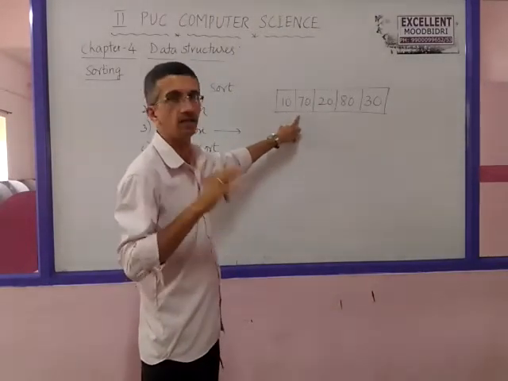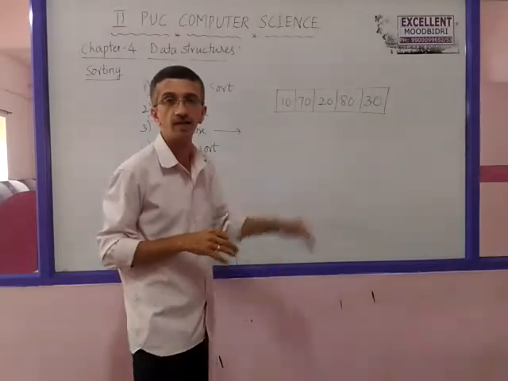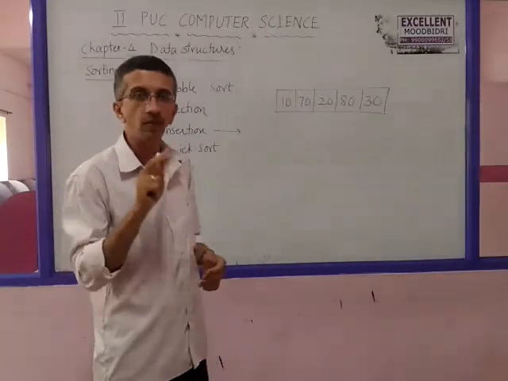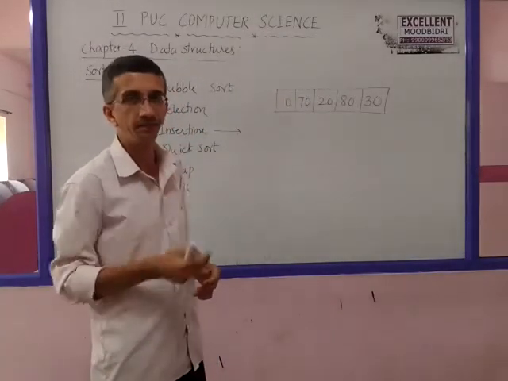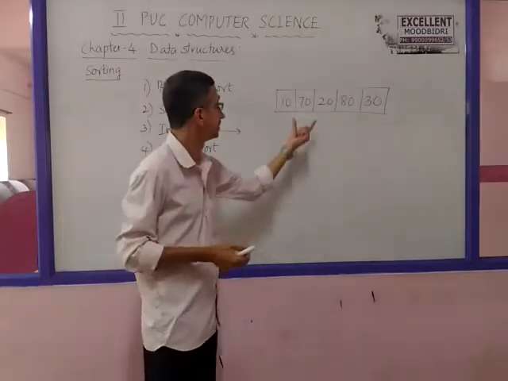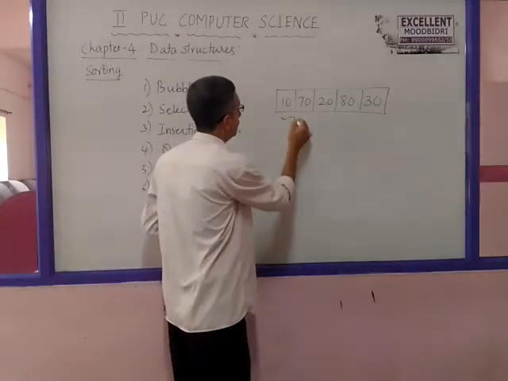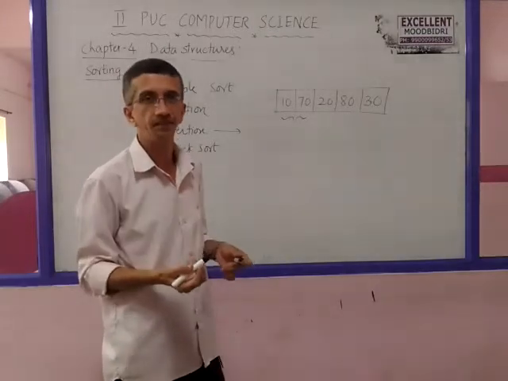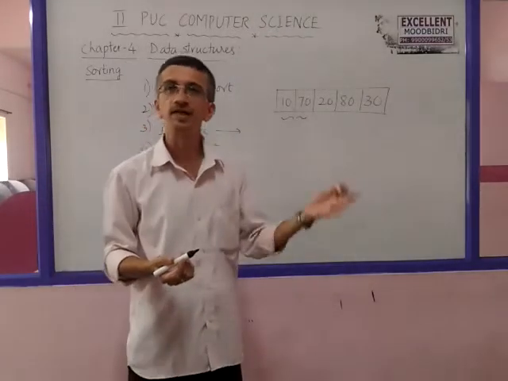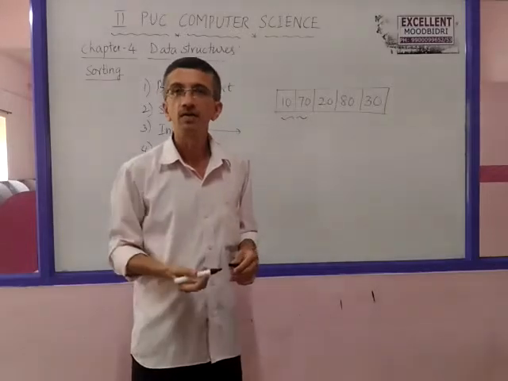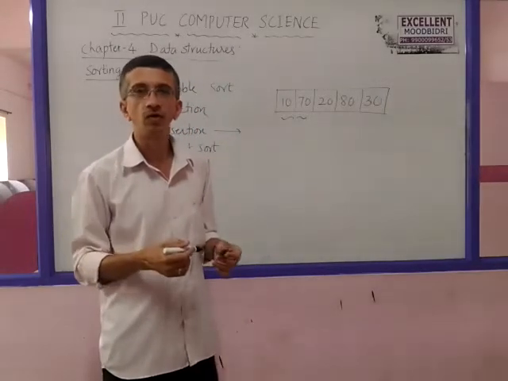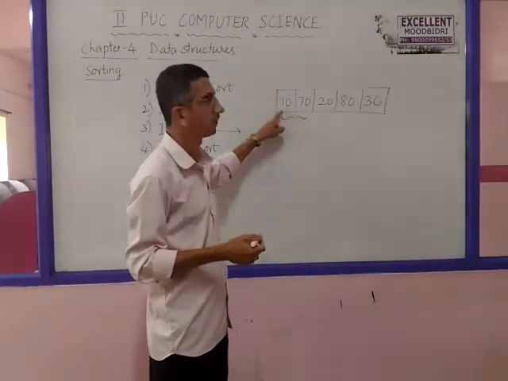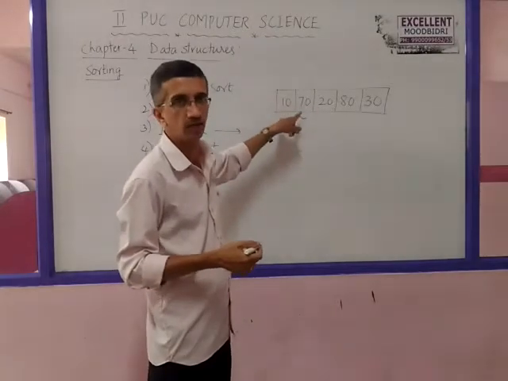In this case, the first one is smaller than the second one, right? So we compare the first item with the second item, adjacent items. If the first item is more than the second item, then you have to interchange, if you have to arrange in ascending order. If you have to arrange in descending order, then if the first one is smaller than the second one, you have to interchange.